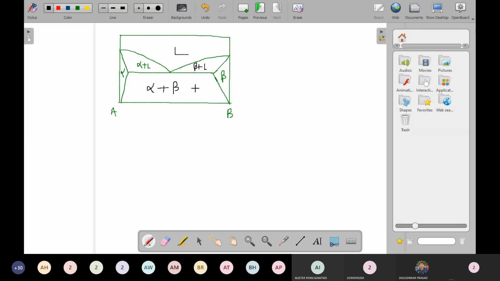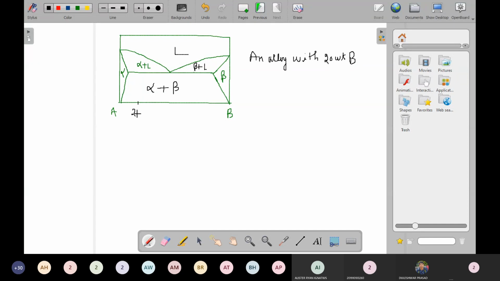Now suppose I have taken an alloy with 20% B. This is B, so let us say this is our 20%.